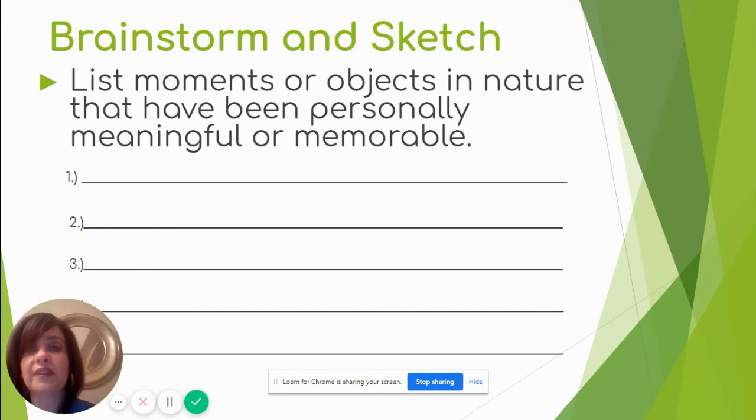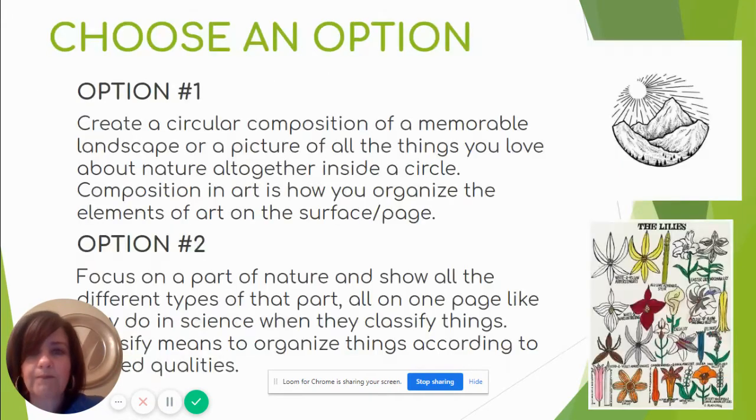Perhaps you found something like a really beautiful shell, or a tree that you thought was really interesting. So I'd like you to list maybe 3 to 5 different moments or objects that you've held or experienced in nature, and jot those down. Those are going to serve as some inspiration for our project.